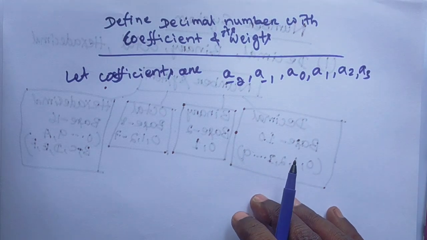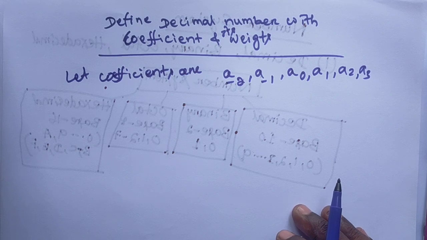These are the coefficients. Then we arrange these coefficients for a decimal number.